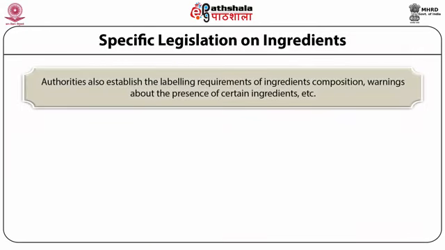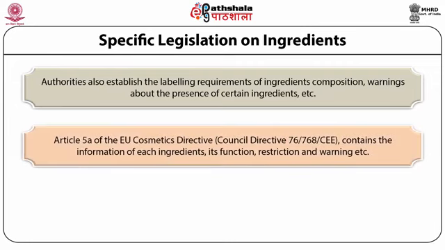Authorities also establish the labeling requirements of ingredients, composition, and warnings about the presence of certain ingredients. Article 5A of the European Union Cosmetic Directive contains the information of each ingredient, its function, restriction, and warning.